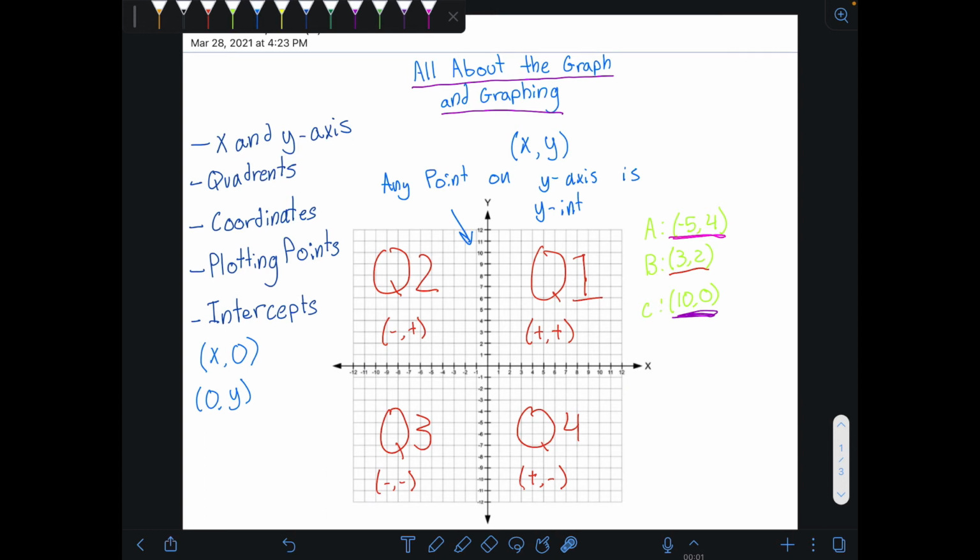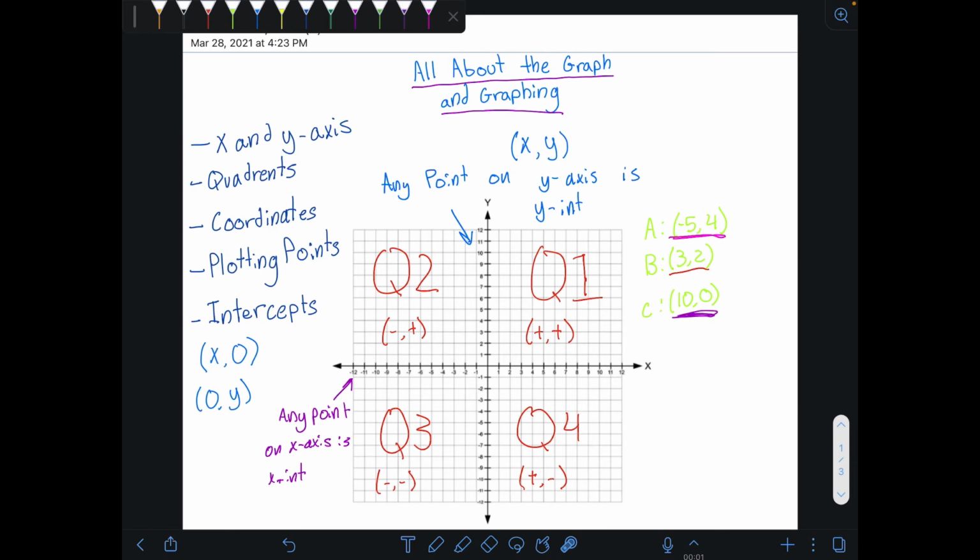So any point on the x-axis is an x-int. What this really means is that when you have a point such as 10, 0, it is an x-intercept.